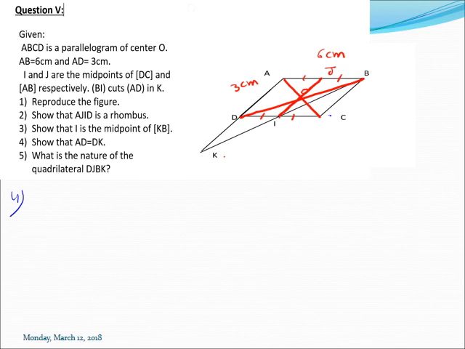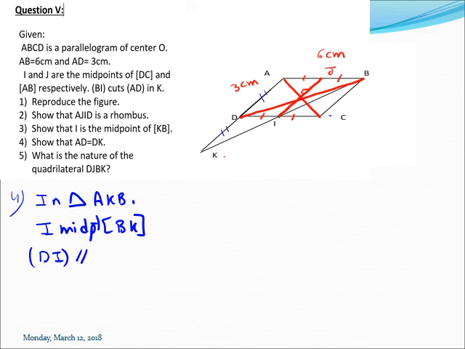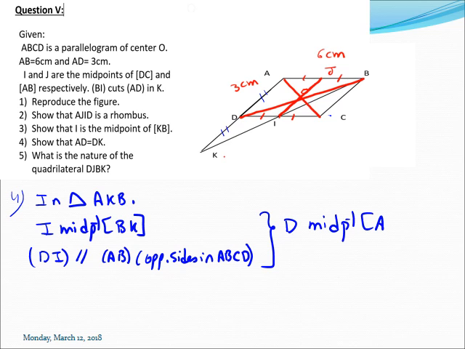Number 4. Show that AD equals DK. In triangle AKB, I is the midpoint of BK and DI is parallel to AB since they are opposite sides in parallelogram ABCD, so D is the midpoint of AK.